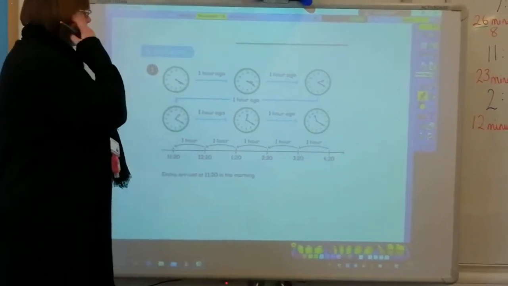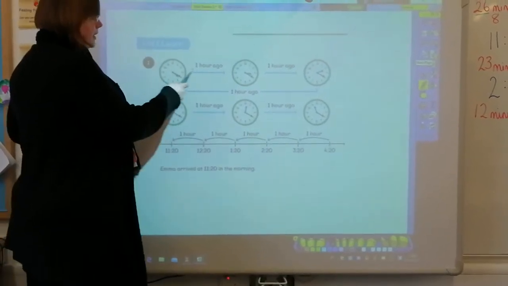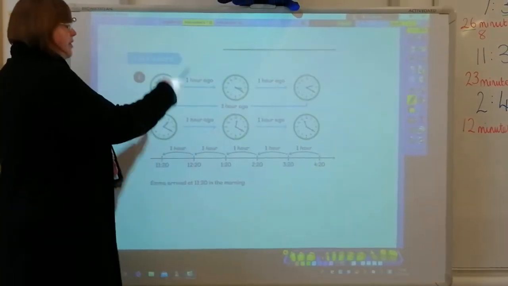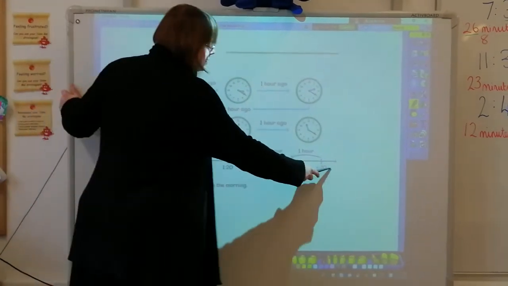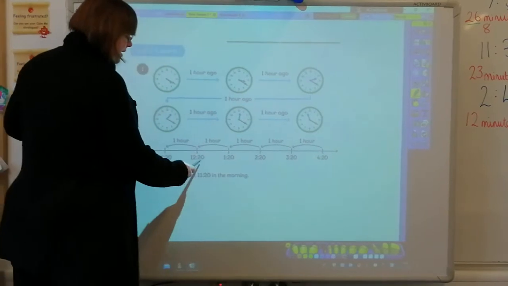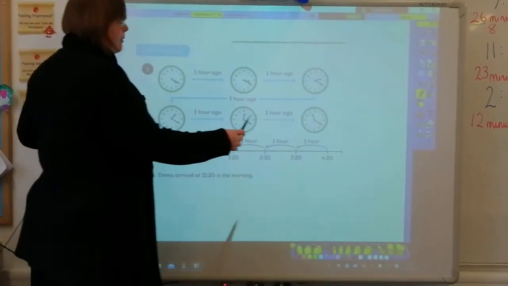Okay, here we go, the same thing again. The minute hand is not changing. We are just concentrating on moving the hours backwards. So you can see she starts at 4:20. The minutes in all of these times stay the same, so it's always 20 past the hour.